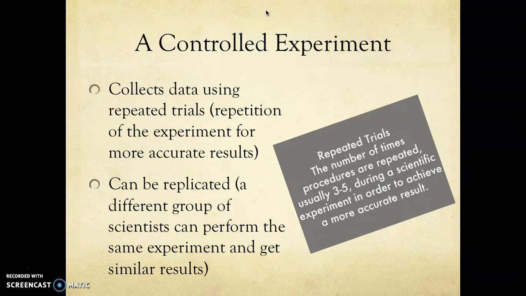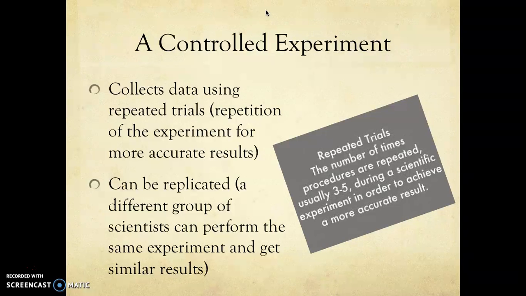All right. Controlled experiments also collect data using repeated trials. We use repetition and replication. Now, repetition means repeated trials. I'm going to do the experiment multiple times to collect as much data as possible. So back to that airplane example.